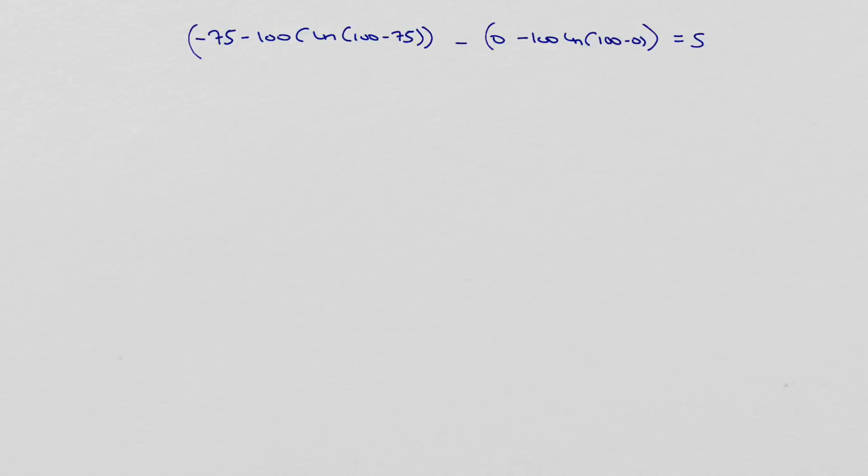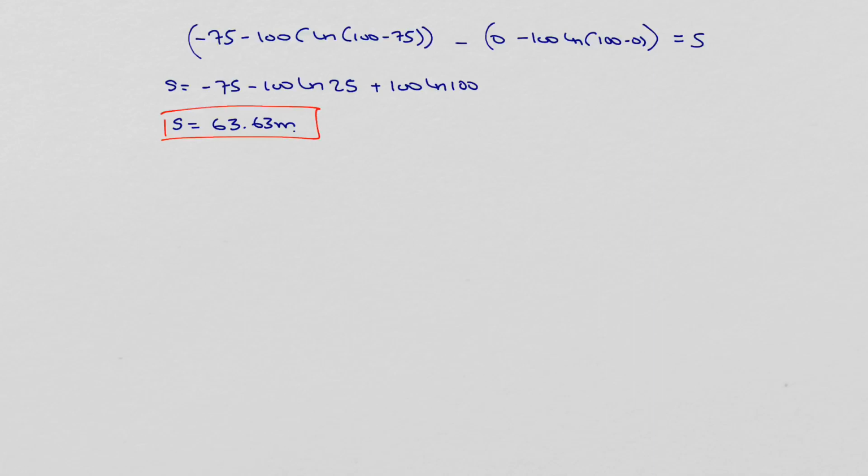So if I simplify that, that's going to be minus 75 minus 100 natural log of 25 plus 100 times the natural log of 100 is equal to s. And if I put all of that into my calculator, then I end up with 63.63 meters.